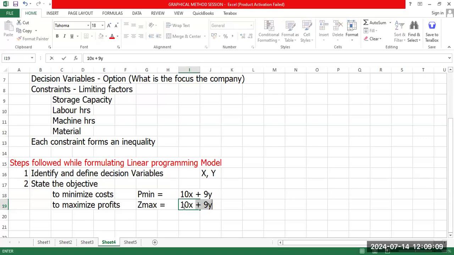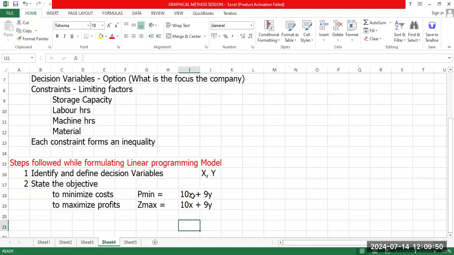It can be 10x plus 9y, meaning that on every product of X, you want to earn a profit of 10, and on every product of Y, you want to earn 9. That is the meaning. But the reason why you're adding is because you want to know the overall profit. What can be the overall profit from these products? What can be the overall costs here that you have minimized?